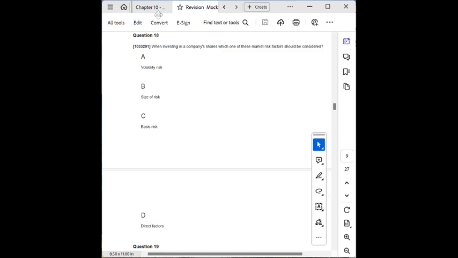Right. I got 8 responses. Let's see the question. When investing in a company's shares, which one of these market risk factors should be considered? Volatility, size of the risk, basis risk, direct factors.